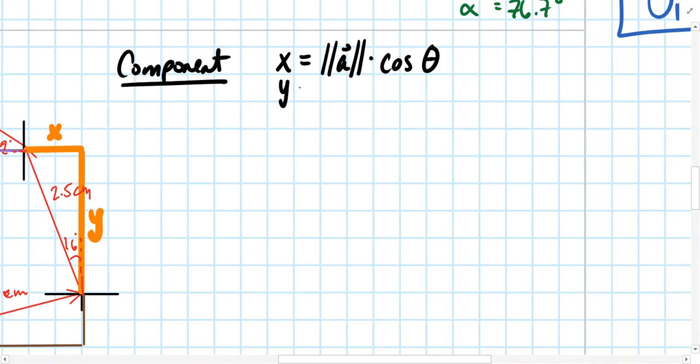And the vertical component is going to be our magnitude, or the length of the arrow, length of the vector, times sine of theta. Now this should look familiar to you because this falls right in line with our definition of the x and y coordinates on a unit circle, and we're just using the multiplier in front to enlarge the unit circle.